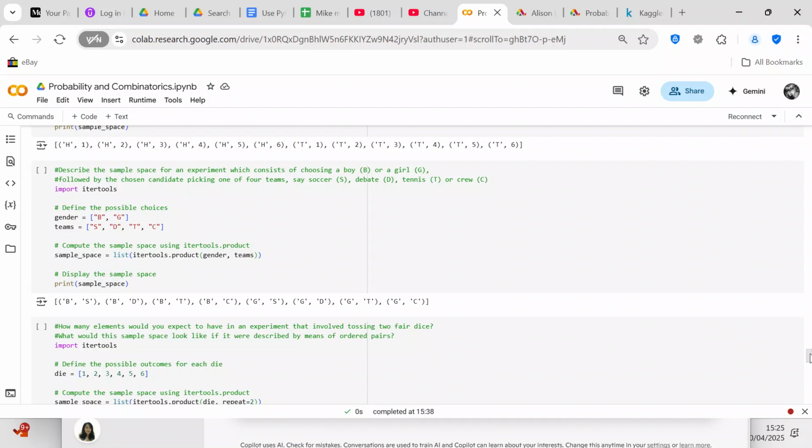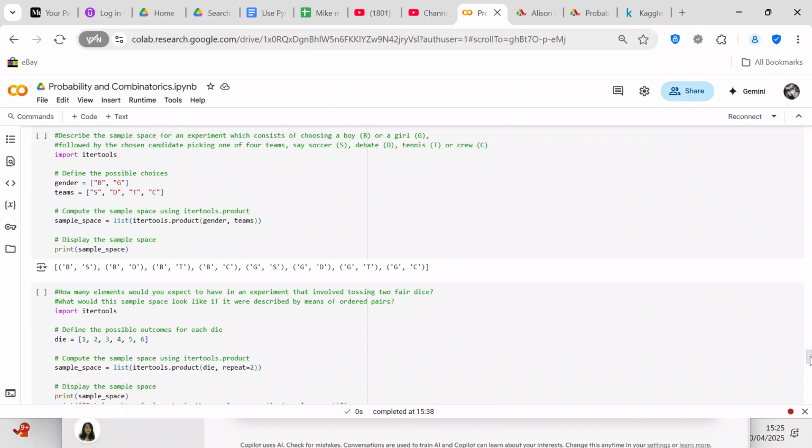I'm not sure exactly what crew is, but that's there. Then we compute the sample space using itertools.product: sample space equals list(itertools.product(gender, teams)). And then we print the sample space. It's going to be boys with S, D, T, C, and girls with S, D, T, C. So you're going to have 8 elements in the sample space.